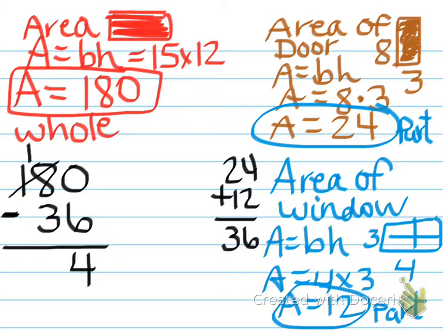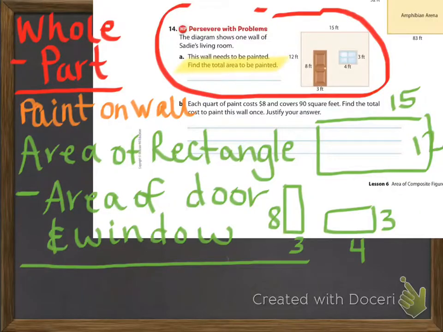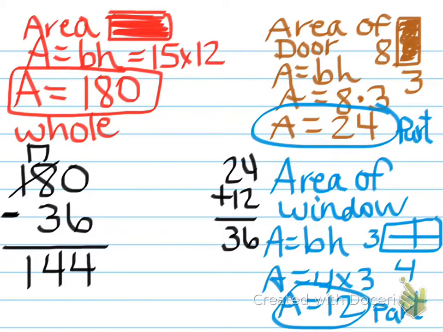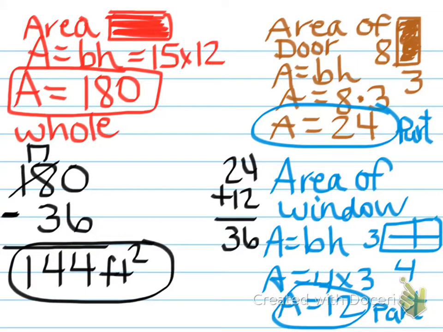Some of you need a reminder that that would go to 17, and 17 minus 3 would be 144. And these are units that are listed in feet. So the total amount of area that needs to be painted would be 144 square feet.